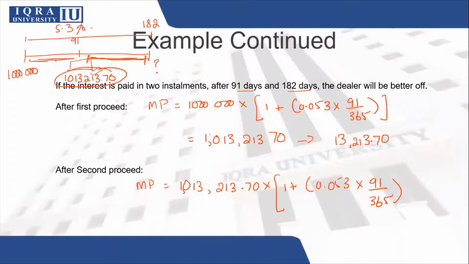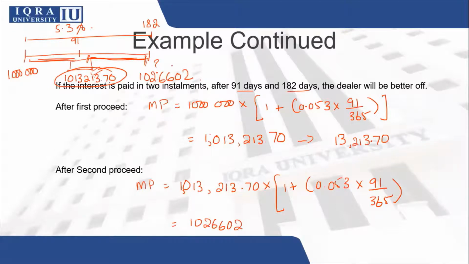So this is the first 91 days, your amount is 1013213 in your bank. Now you're getting interest on this amount for another 91 days, making a total of 182 days. So if you calculate this, your amount is 1026602. It is rounded off, okay? This is the value you will get after 182 days.